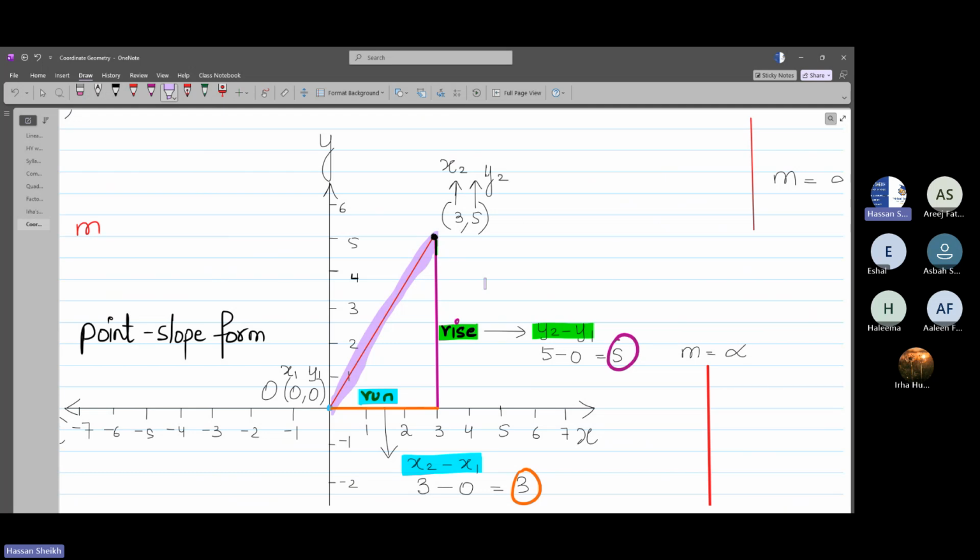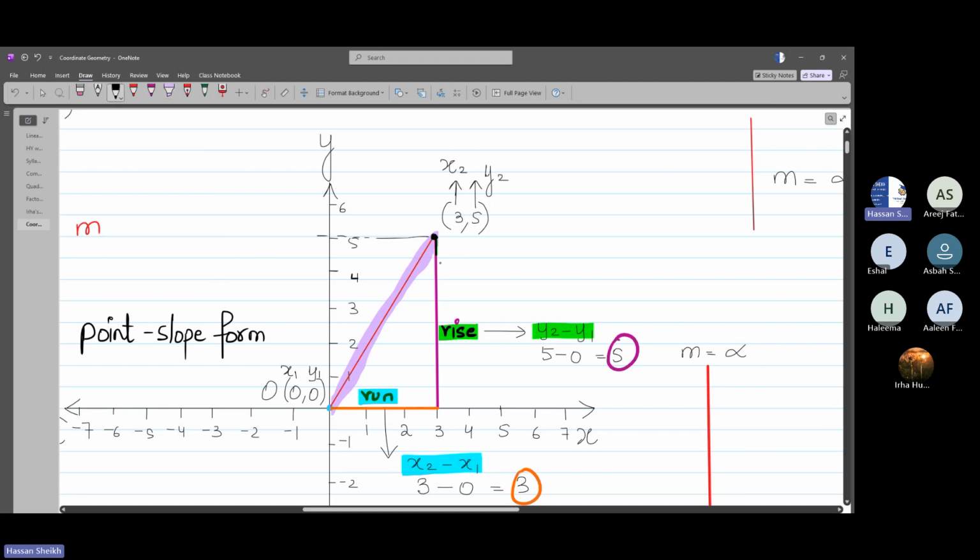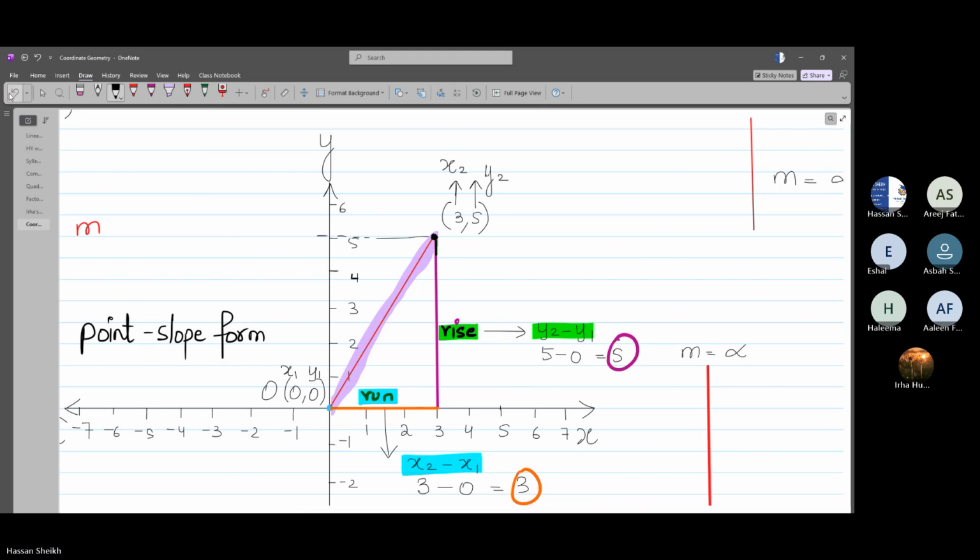Origin is 0 comma 0, where x and y are both 0, and the other end point of this line is at 3 comma 5, which means 3 on the x-axis and 5 on the y-axis. Do you agree with me that the y point is 5 and the x point is 3?